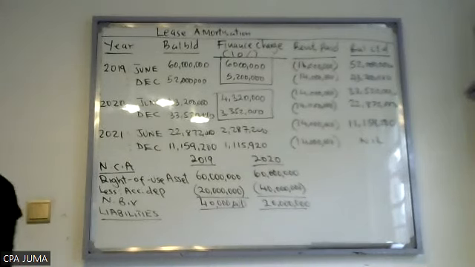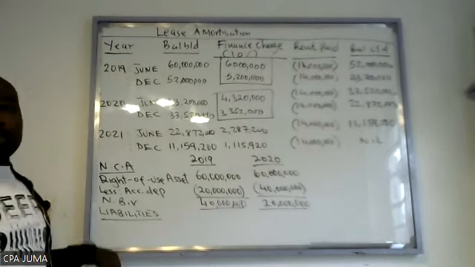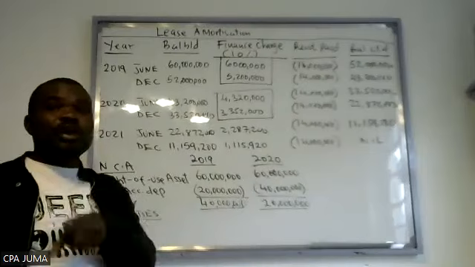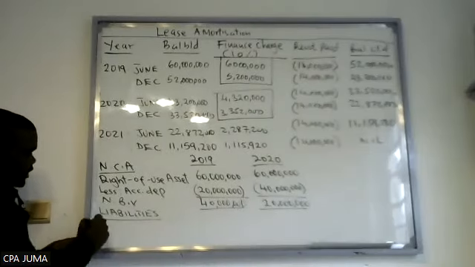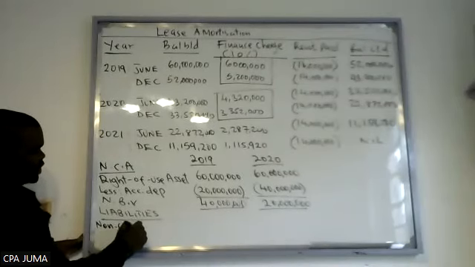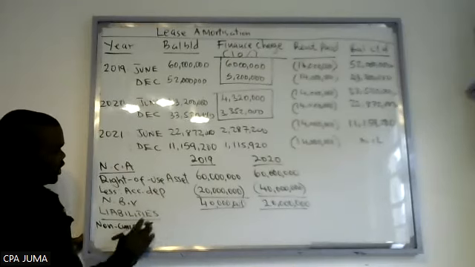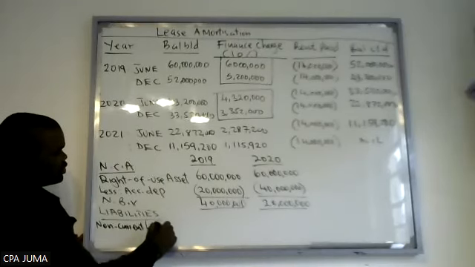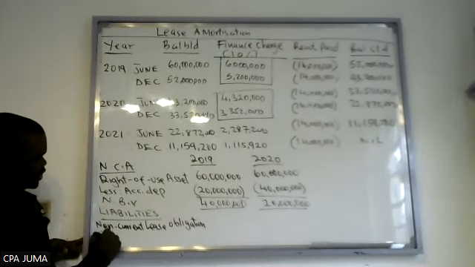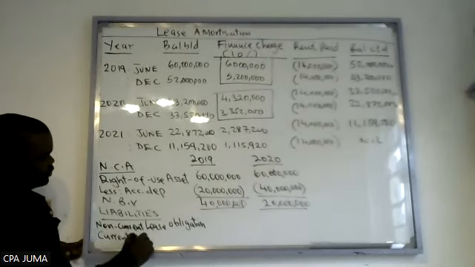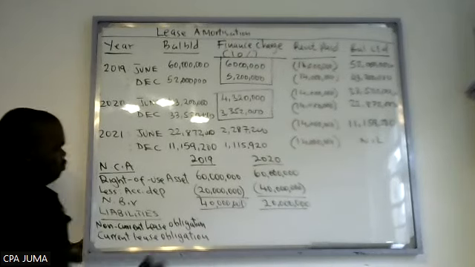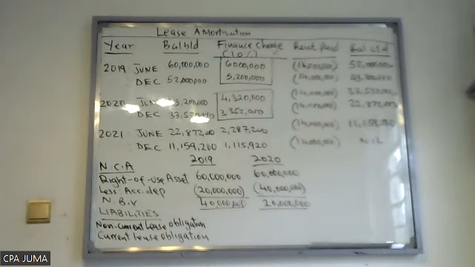I hope that is done. So liability, remember we said you recognize asset and obligation at the same time because you have to pay. So what you have not paid is an obligation. So you come here and say non-current lease obligation, also current lease obligations.